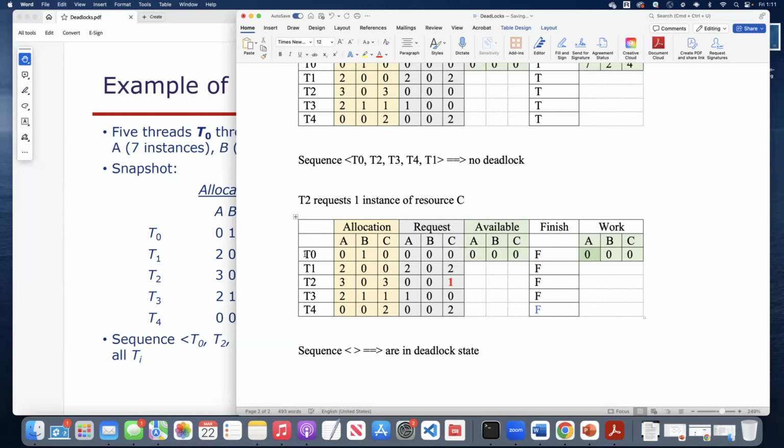Now we start from T0. T0 is unfinished, finish equal to false. And the T0 request is less than or equal to work. So T0 can finish and T0 release 1B.